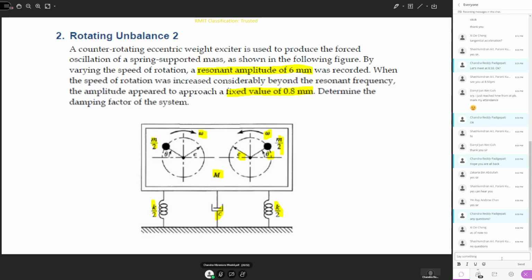When the speed of rotation was increased considerably beyond the resonant frequency, the amplitude reaches a fixed value of 0.8 mm. You are asked to determine the damping factor of the system. So you need to calculate the damping value for the system. What is given is only the amplitude at the resonant frequency and the amplitude well beyond resonance.